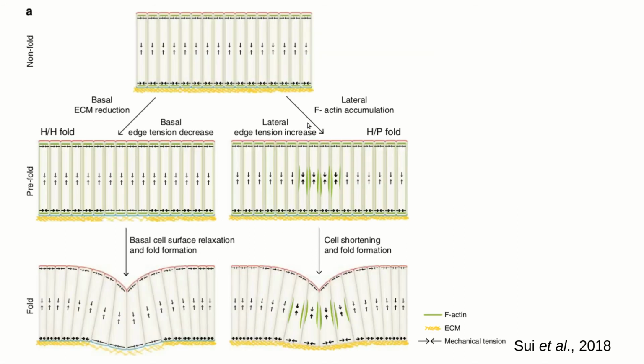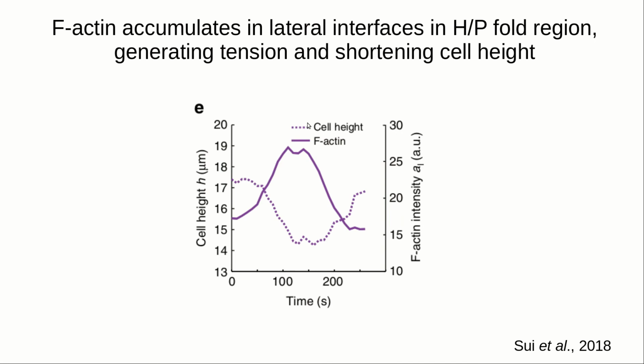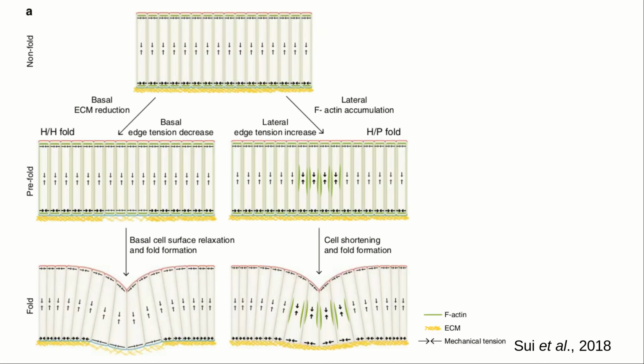Okay. So what they propose is that this actin increases tension in the lateral parts of the cells. Therefore, cells are compressed, and this is how the hinge pouch fold takes place.